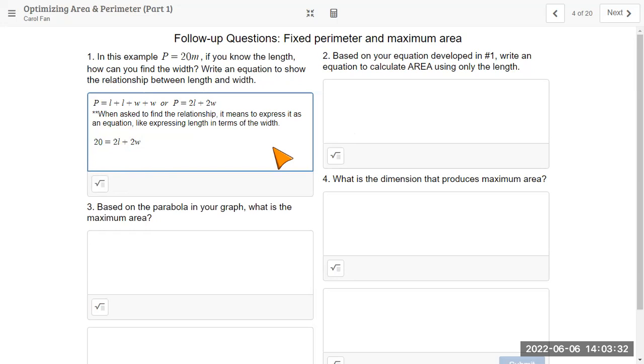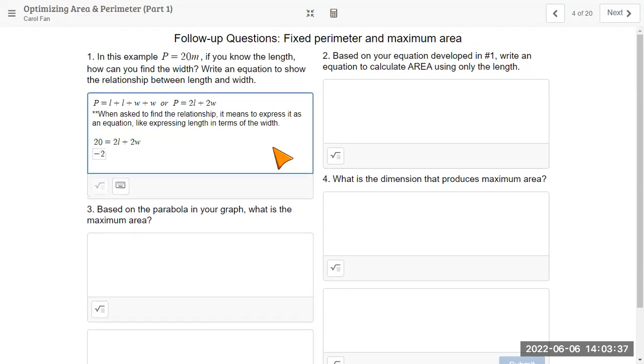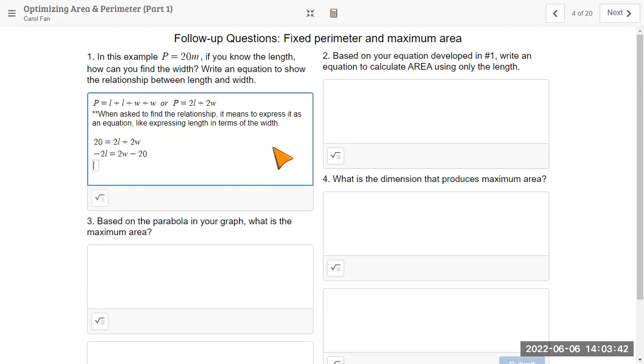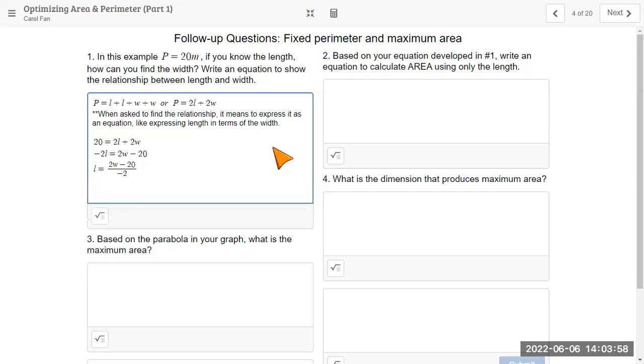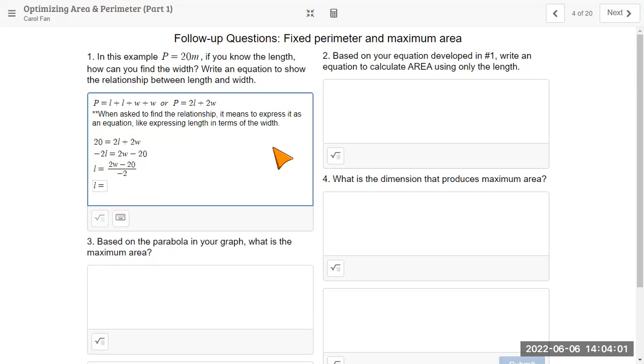So I have negative 2L is equal to 2W minus 20. Let's divide both sides by negative 2 now. So length is equal to 2W minus 20 over negative 2. And I can simplify that more into negative W plus 10.